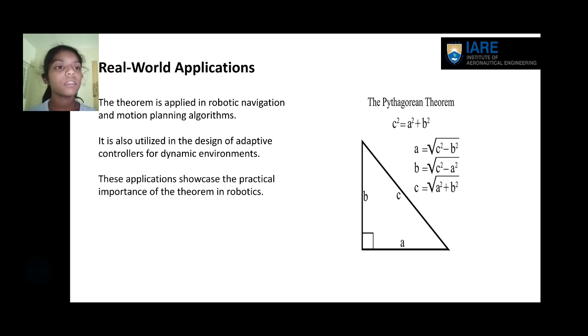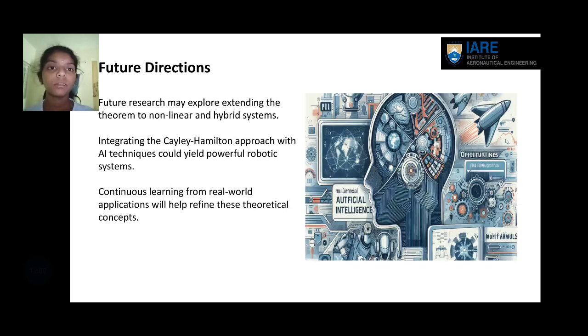Here the Pythagoras theorem, c square equals a square plus b square, a equals under root c square minus b square, b equals under root c square minus a square, c equals under root a square plus b square. This is the real-world application of the Cayley-Hamilton theorem in robotics.